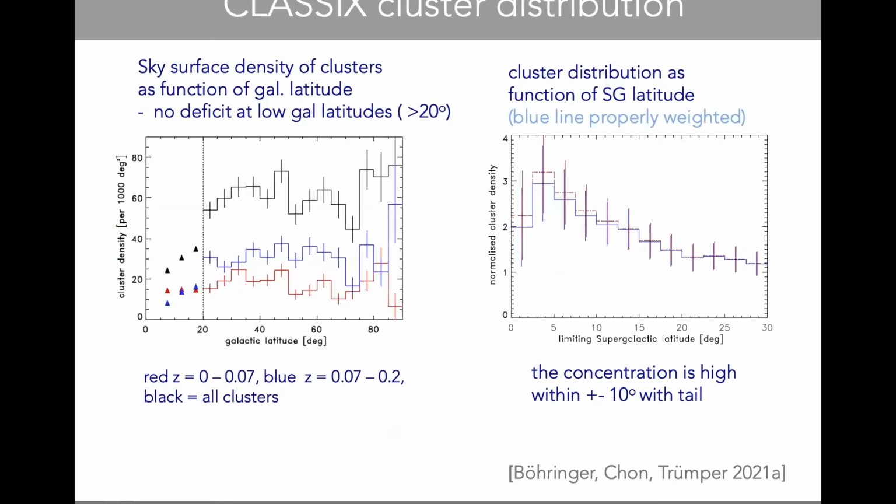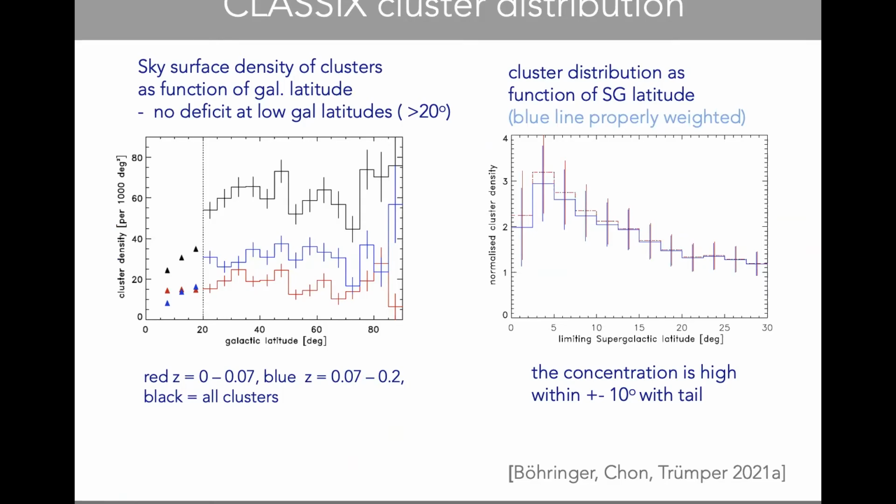But we can quantify it in different ways. This is again showing the cluster distribution as a function of galactic latitude. I showed it in a similar way as a function of interstellar medium column density. If we go into the area which is not well sampled, we are losing objects, but these are more distant clusters and we have a deficit of them.